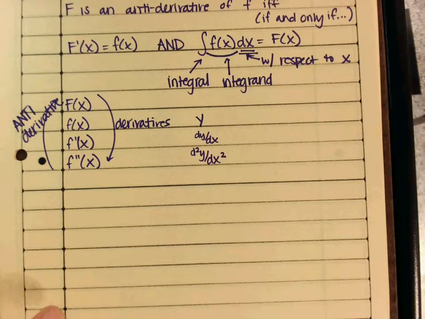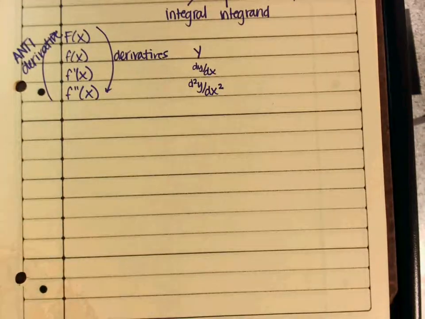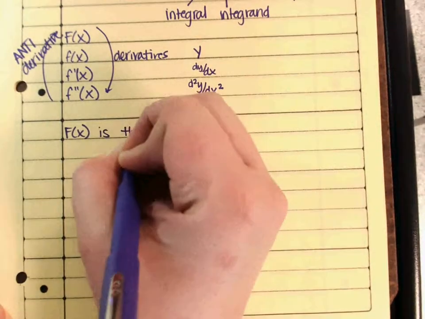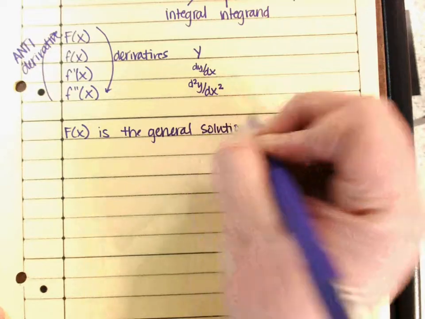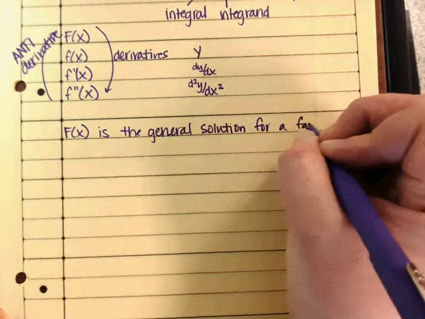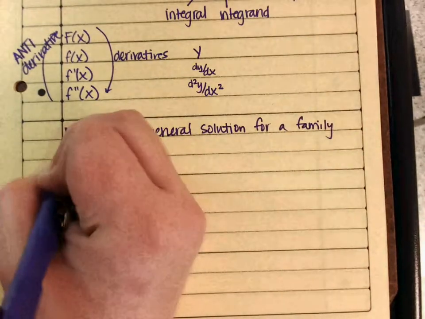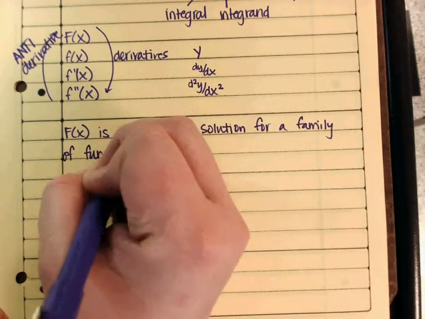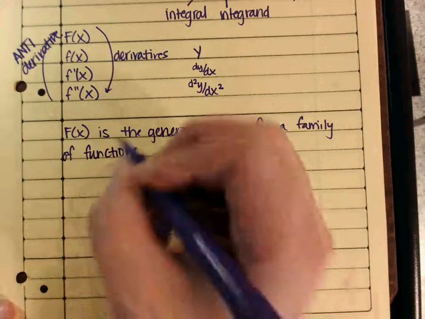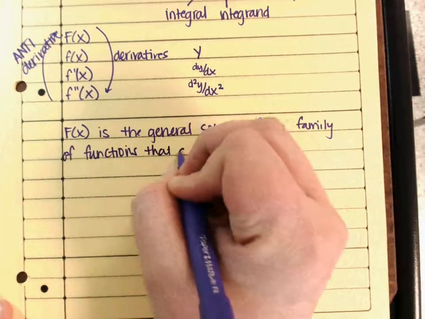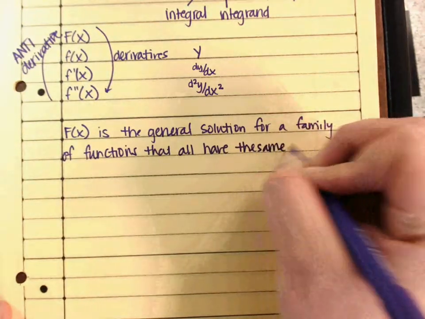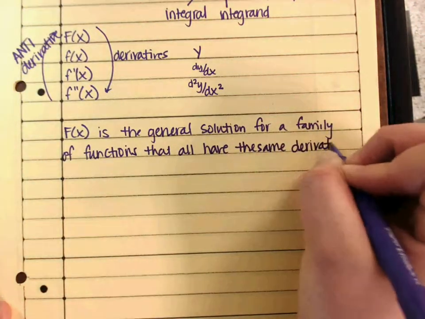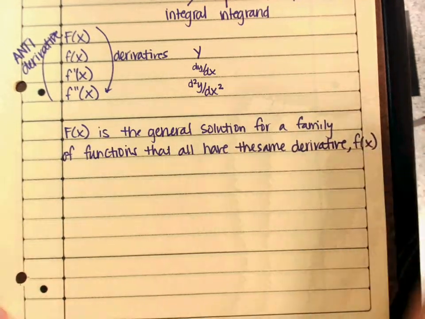So, we're going to do a little bit more talking, then we'll do some examples. So, capital F of x is the general solution for a family of functions that all have the same derivative, f of x.